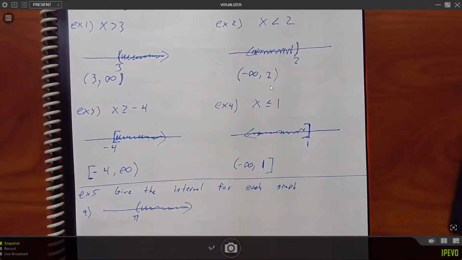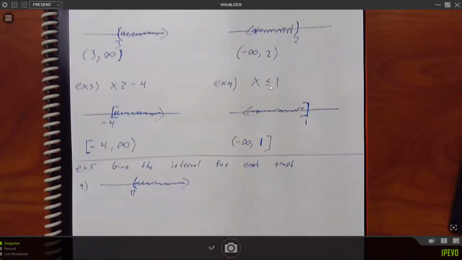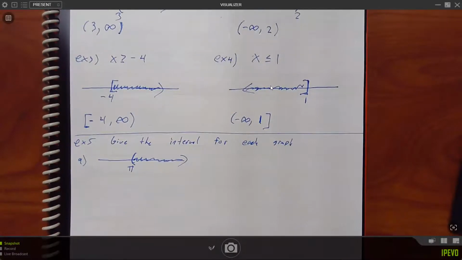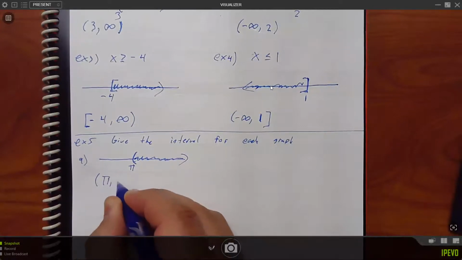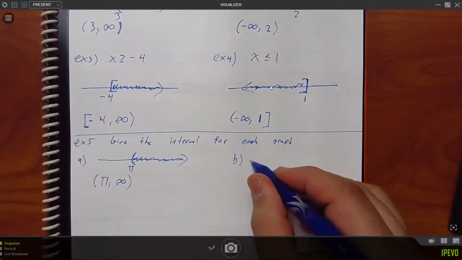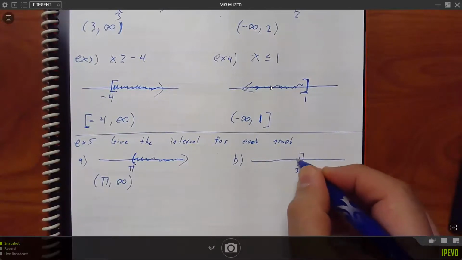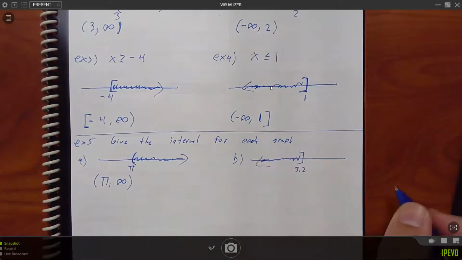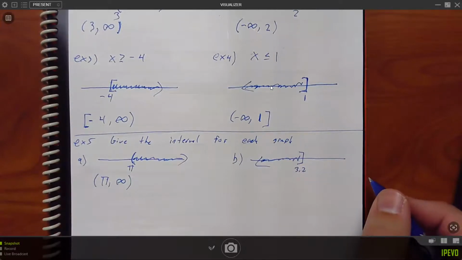What is the interval? Yeah. What about this one? Negative.